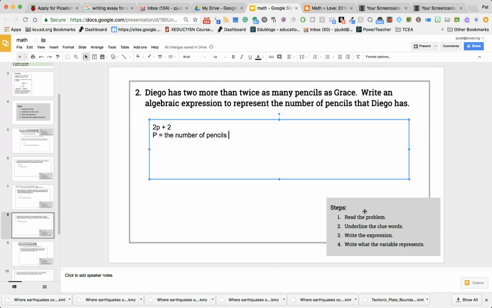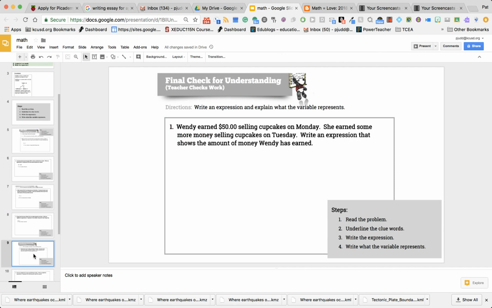Let's just go through the rest of these. You underlined the keywords, we wrote the expression, and we wrote what the variable represents. So let's go to final check for understanding. We're going to work through these rather than my go around and check and see if you have them or not. We're going to do it the same way.